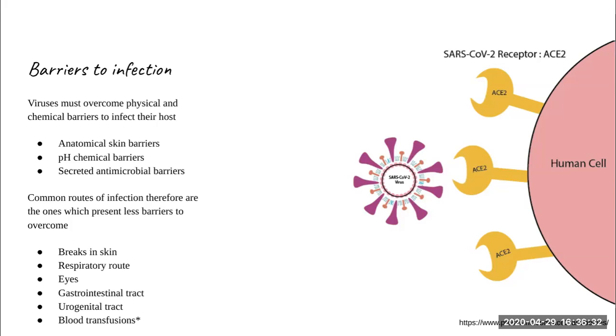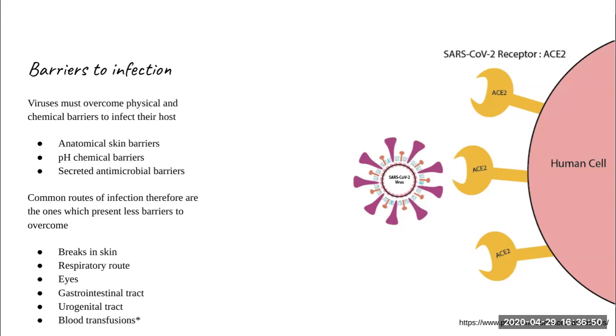And so when a virus does get past these barriers, it's typically through a select few sites. One of them being the obvious, a break in the skin is a direct route into the underlying tissues. Through the respiratory route, like we're seeing now with SARS-CoV-2.